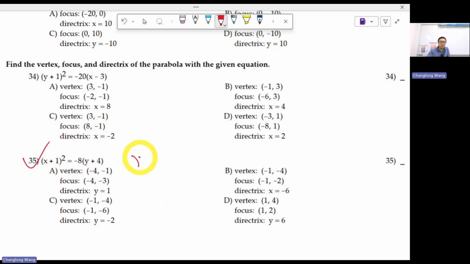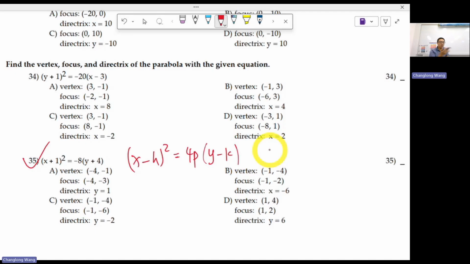Just in case, I'm going to remind you the standard form in this case: x minus h, squared, equals 4p times y minus k. I guess the first thing you should be looking at, since you're going to go through the options anyway, is where's the vertex?